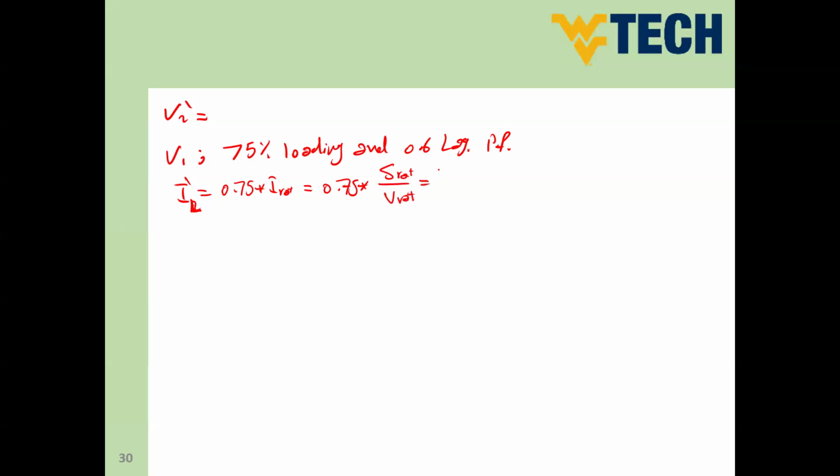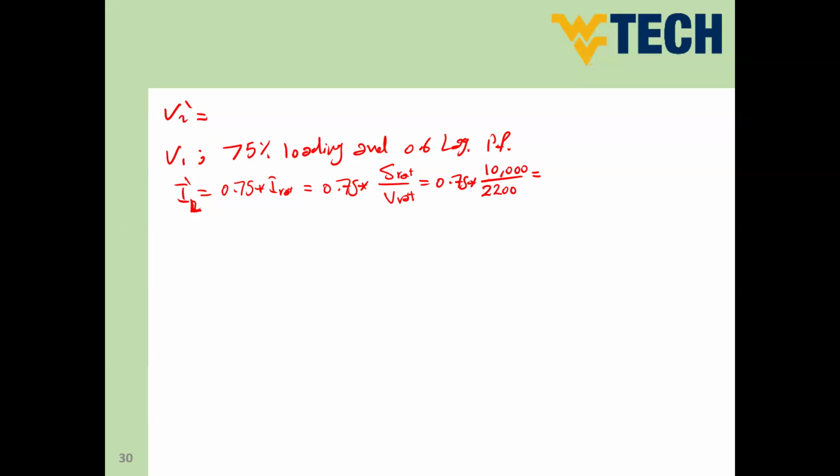So S rated of this example was 10K, so 10,000 divided by our V in the high voltage side, which is 2200. So we can calculate the current here.